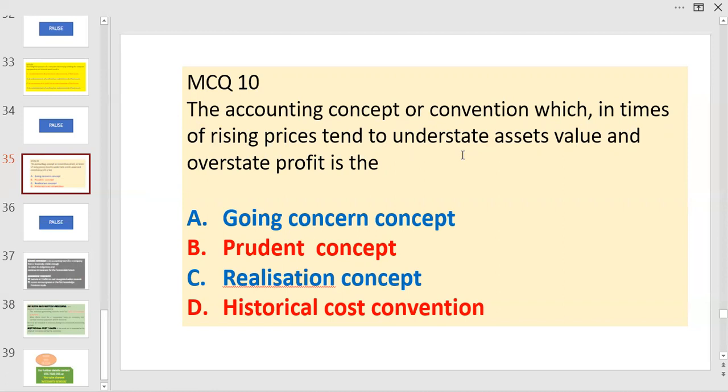For an example, if you buy a stock at the rate of 50, now the price has gone up, the market price has gone up steadily up to 75. So even though you say, for an example, you have 20,000 pieces of that stock, you will multiply that by 50 and then you will have a value, but the real value of it is 20,000 multiplied by 75.